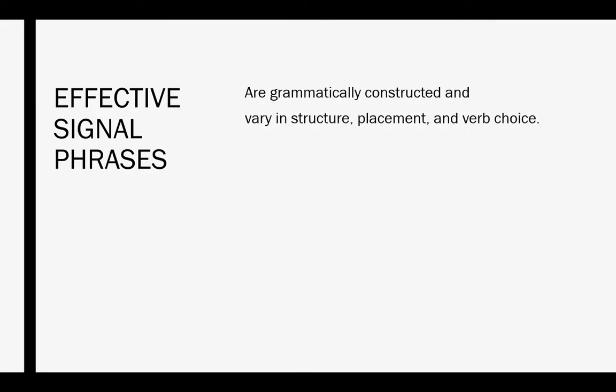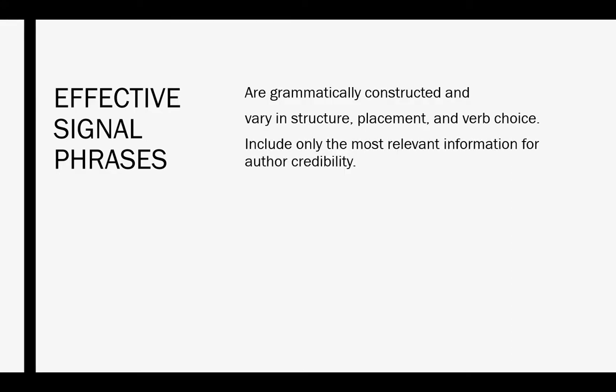An effective signal phrase is grammatically constructed and varies in structure, placement, and verb choice. We want a smooth flow from our own point into what the source is saying, and we don't want it to sound choppy. So we need to provide some variety in how we set up a quotation.